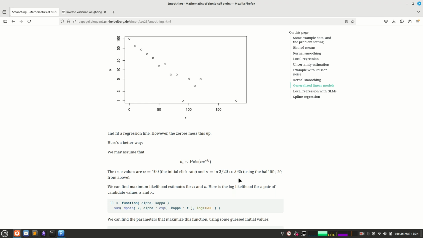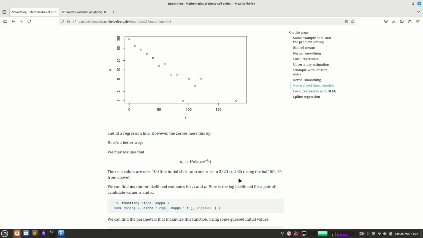For our simulation, of course, alpha is 100 and kappa is ln 2 over 20. Remember that in the simulation code above, I used 2 to the t over 20, and now here it's e to the t, so I have to multiply with ln 2 to get this.